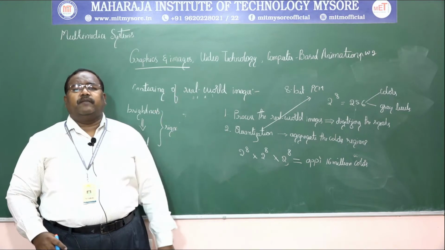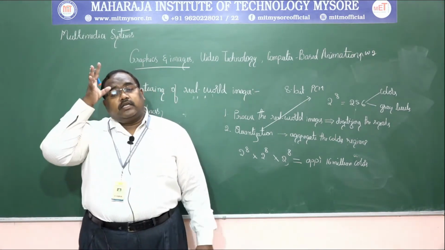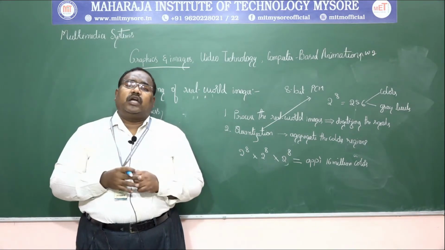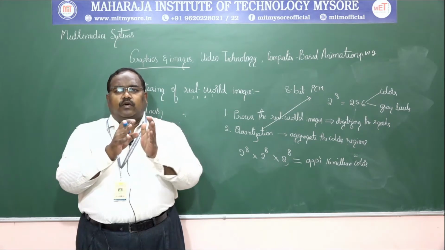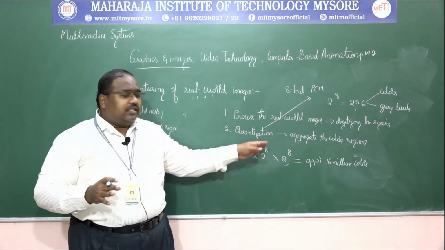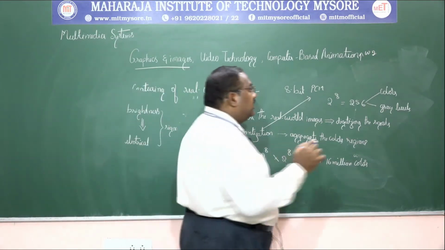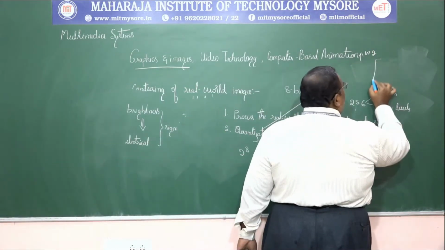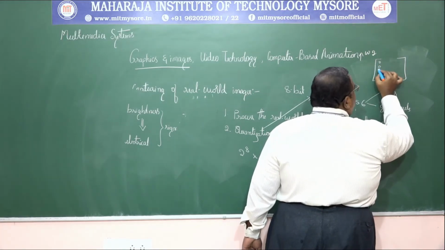Next, the digitization process is represented by a matrix which is composed of rows and columns to accommodate the numerical values. So now we know that it needs to be digitized, and this process is represented by the matrix. We have discussed the representation of the matrix as 8 cross 8.